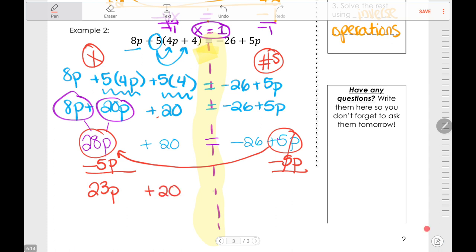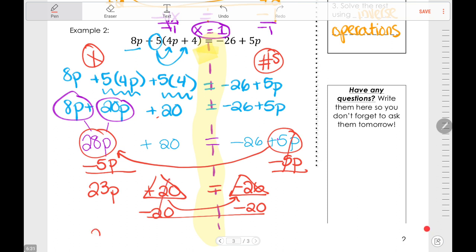Everything else I'm just going to bring down. Let me use a different shape. Triangle, triangle, move it over. When I'm crossing over, I need to use my inverse. Bring down your 23p.